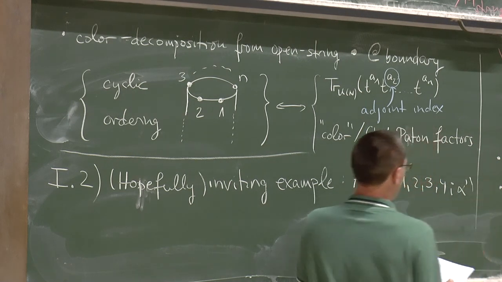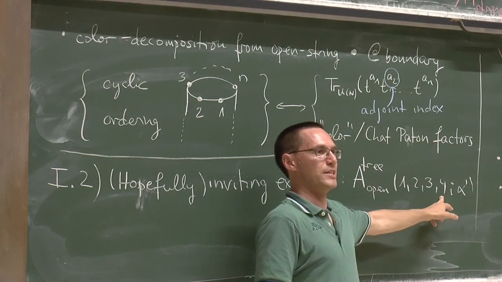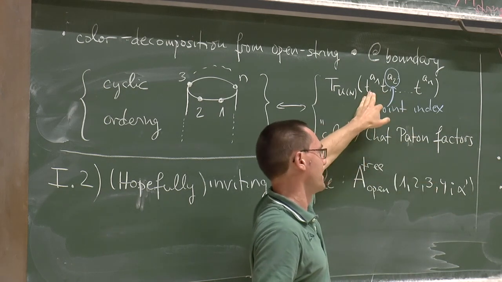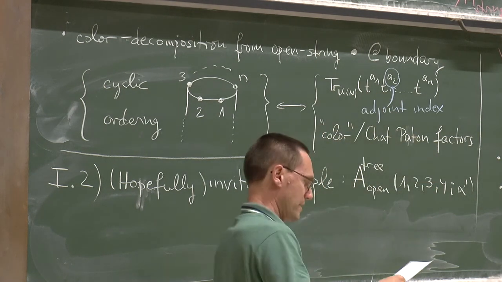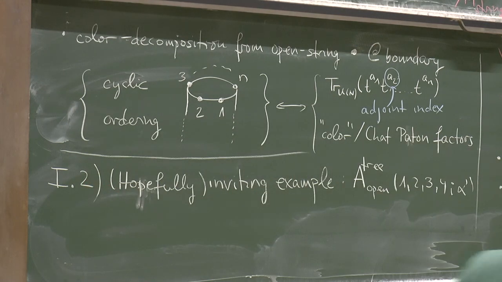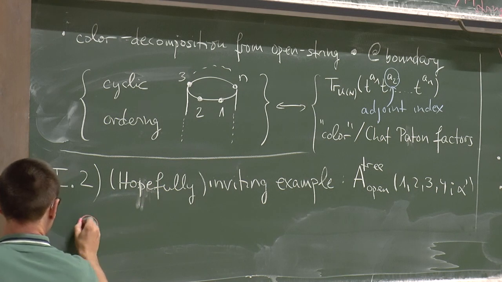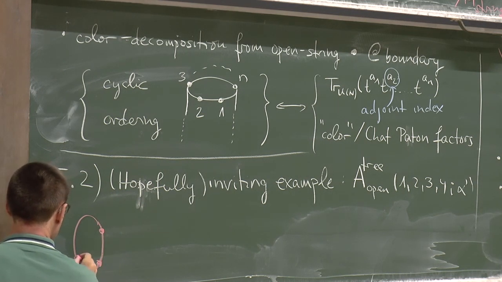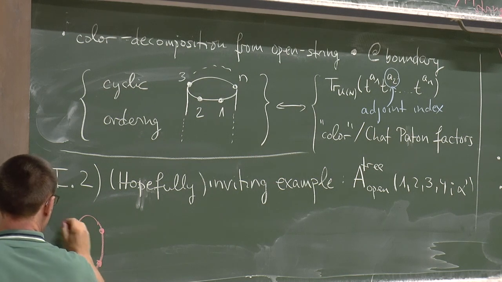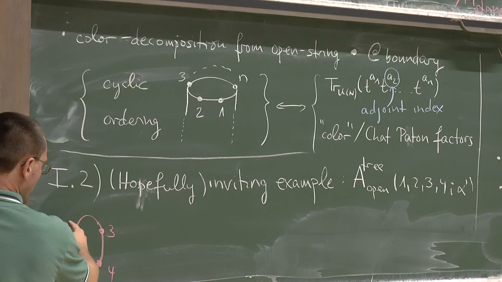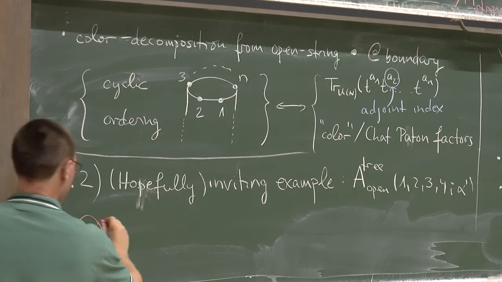And here, the cyclic arrangement of the labels already tells you which trace sector I'm looking at. So here, the cartoon is the disk. Now, it's already drawn without the long legs. Here it's a disk where the cyclic ordering of the punctures is such that 2 is the neighbor of 1 and 3.